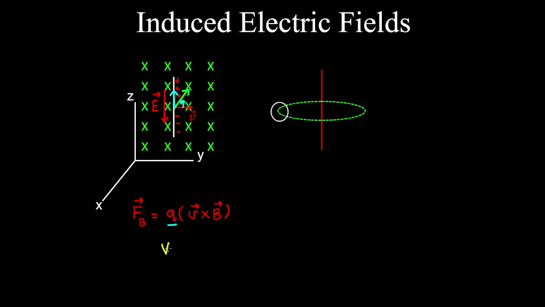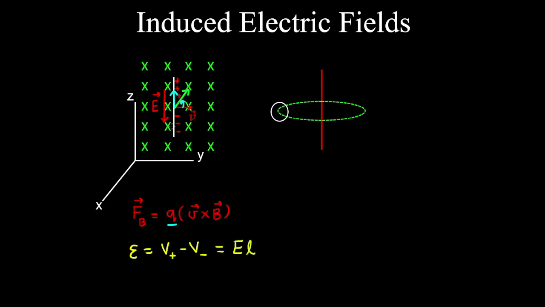So therefore the change in electric potential is the potential at the positive charge minus the potential at the negative charge. So this is the voltage, or change in electric potential, or the EMF, which is equal to the electric field times the length of the wire.